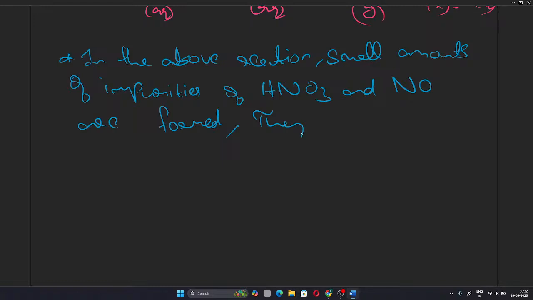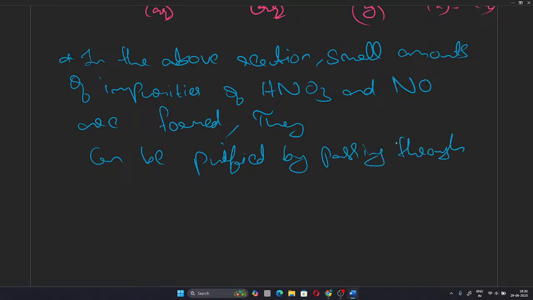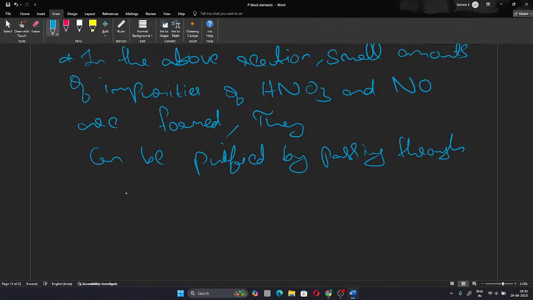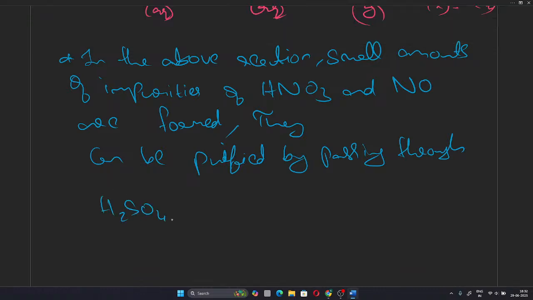They can be purified by passing through H2SO4 aqueous solution plus K2Cr2O7 solution.